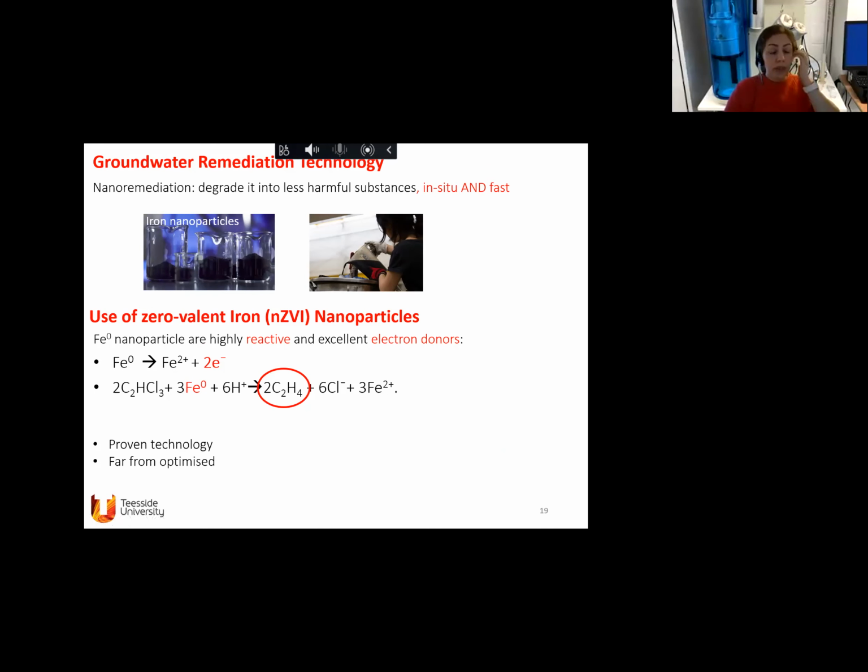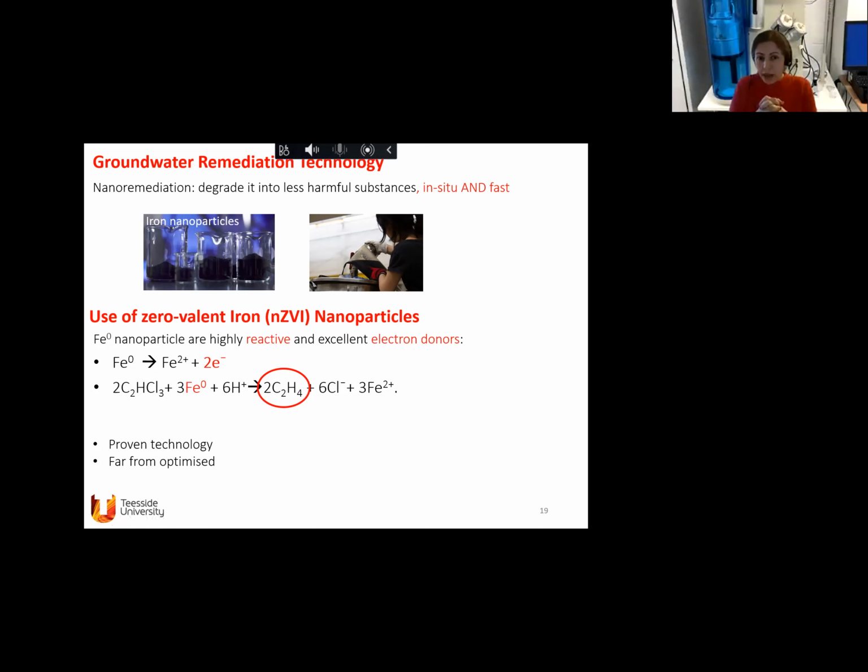If you create a suspension and inject it subsurface, as soon as it comes into contact with the chlorinated solvent, it promotes this chemical reaction and produces a hydrocarbon, just like this reaction is suggesting, which is a gas phase.